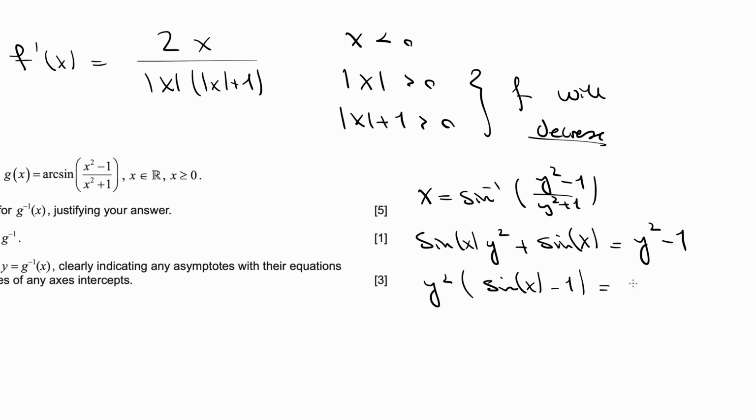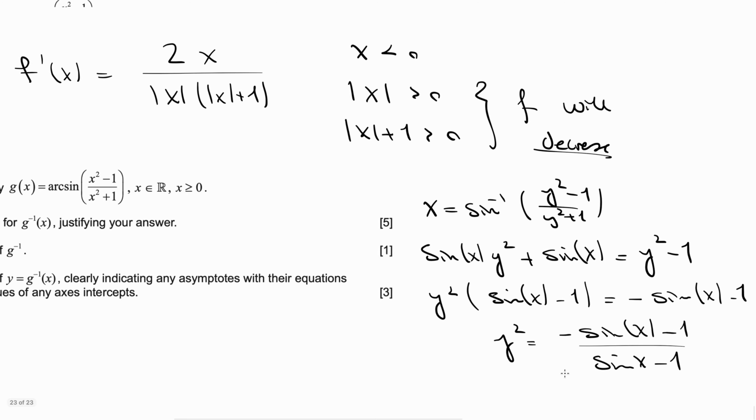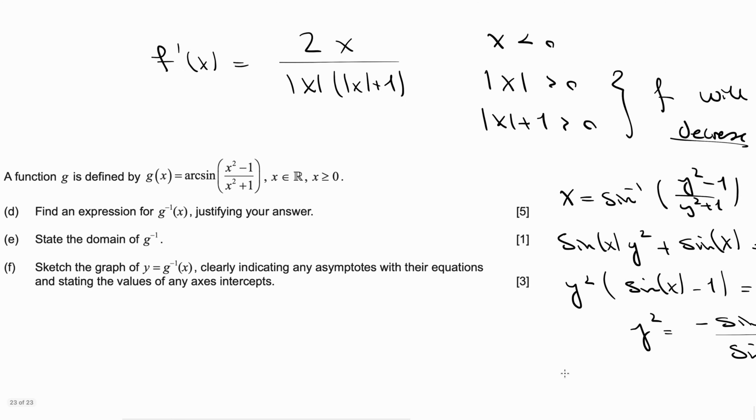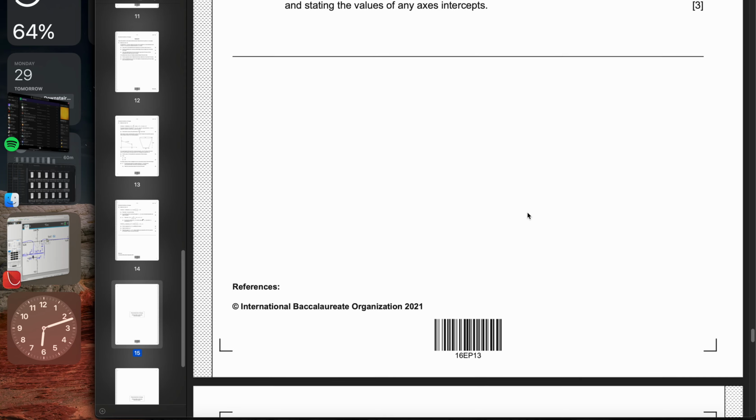And here if we move this to the right, we'll have negative sine of x minus 1, right? So y squared will be equal to negative sine of x minus 1 over sine of x minus 1. Is that right? And we can then take the radical, right?